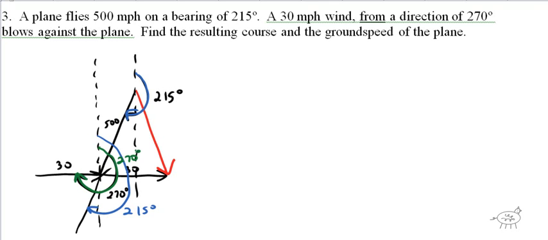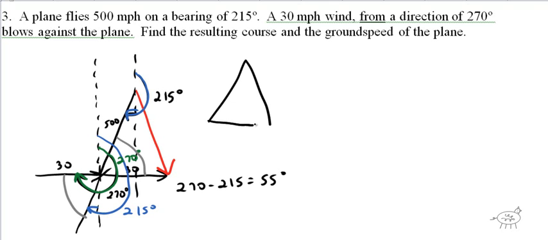degrees. So 270 minus 215 gives me this angle right here, which is the same as the angle inside the triangle. Oh, that's it. So if I redraw this triangle, let's just subtract 270 minus 215 gives me 55 degrees. Okay, that's the angle between those. It just makes it so much easier.